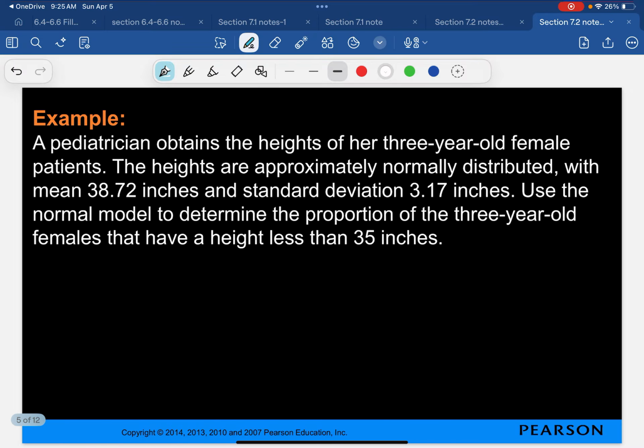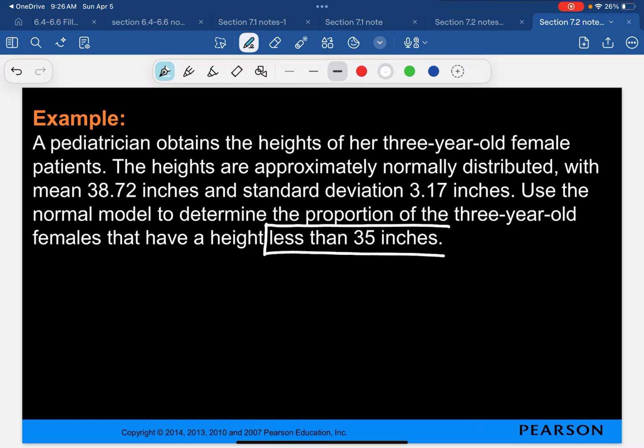Let's start our first example. A pediatrician obtains the heights of her 3-year-old female patients. The heights are approximately normally distributed with mean 38.72 inches and a standard deviation of 3.17 inches. Use the normal model to determine the proportion of the 3-year-old females that have a height less than 35 inches.